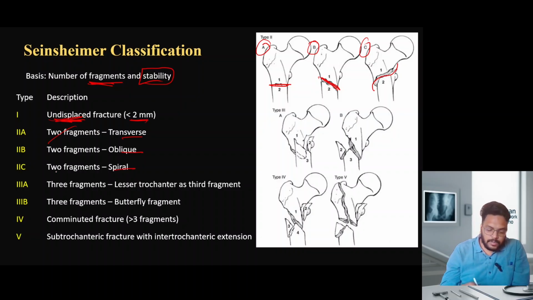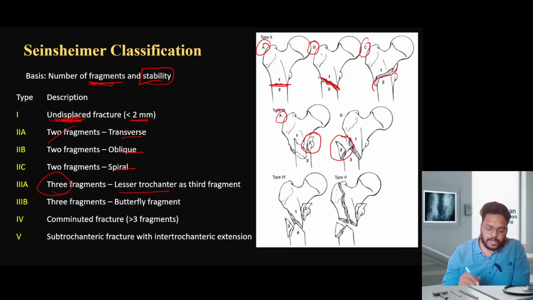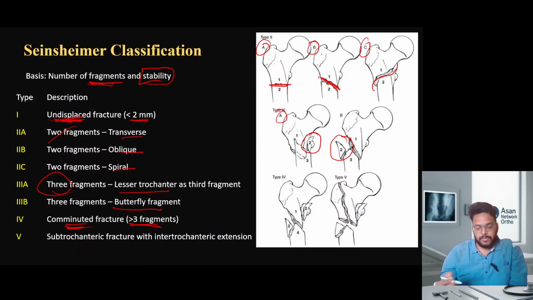Type 3 has 3 fragments. If the third fragment is the lesser trochanter, it is type 3A. If the third fragment is a butterfly fragment, it is type 3B. If there are more than 3 fragments, it is a comminuted type, and it is type 4.